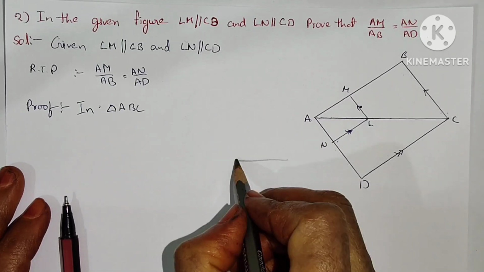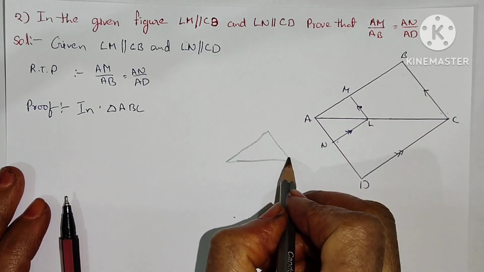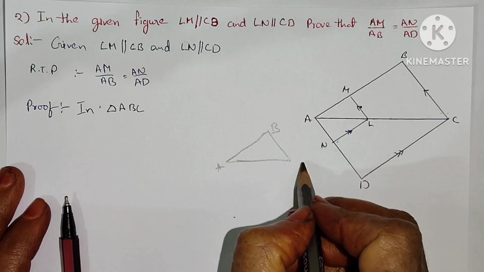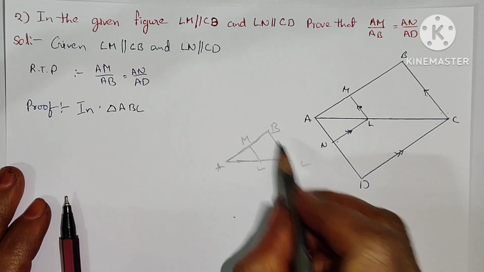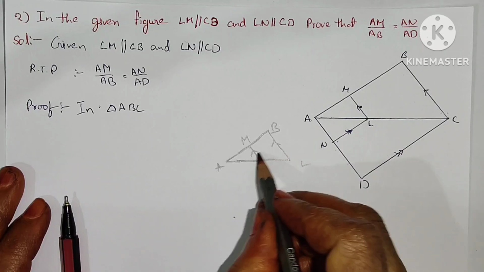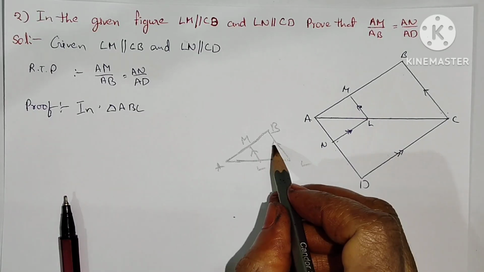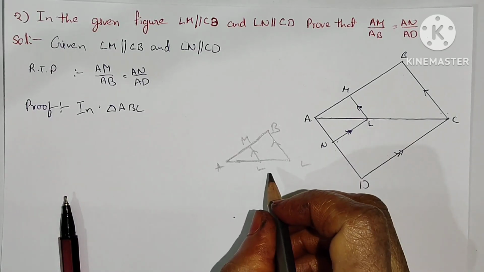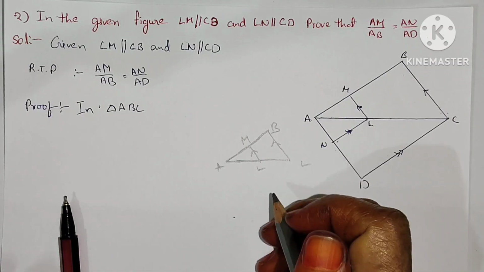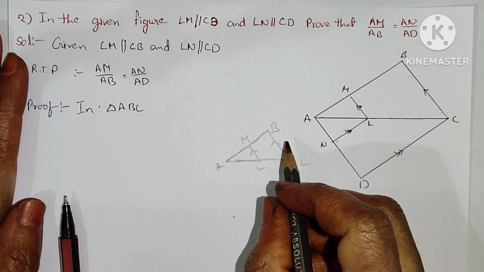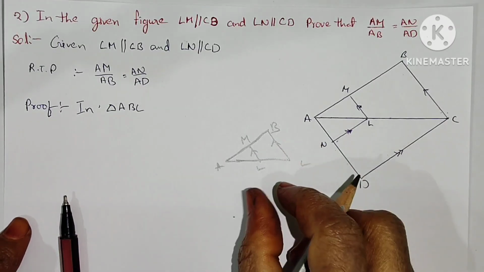This is the triangle ABC, and LM is parallel to CB. One side is parallel to another side, the line joining the midpoints. These two are parallel, so here we use the basic proportionality theorem.